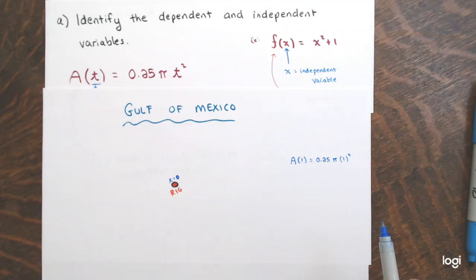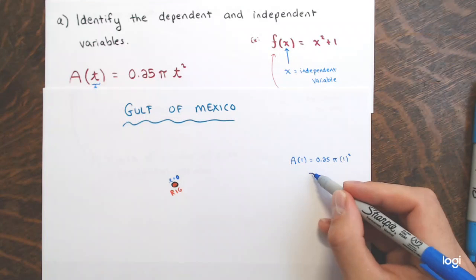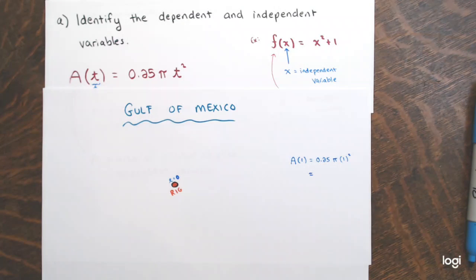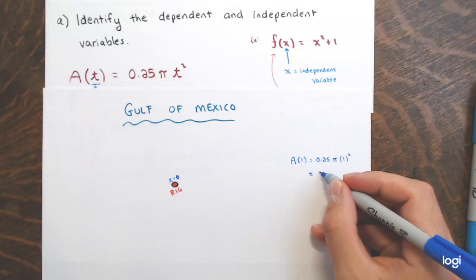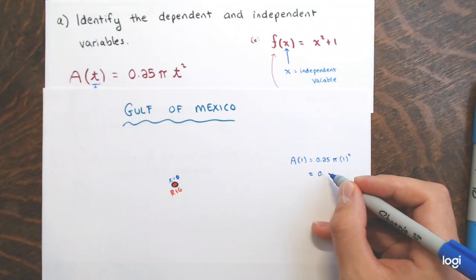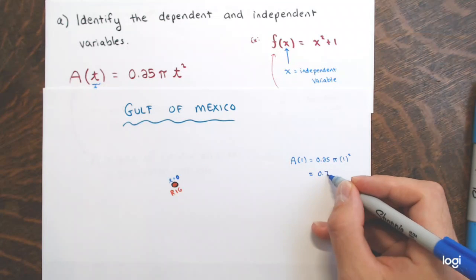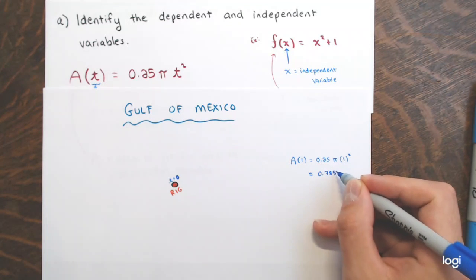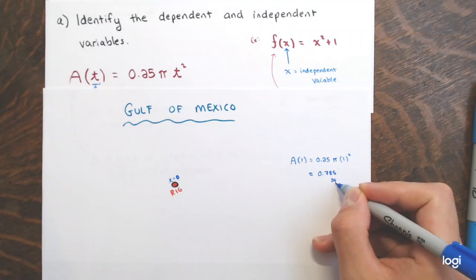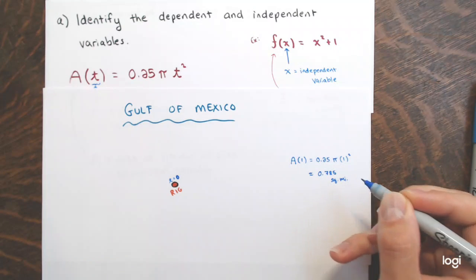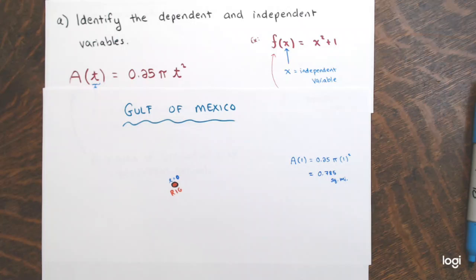It's 0.25 times pi, and then 1 squared is just 1. So this is approximately 0.785. And don't forget, this is square miles, it's an area.